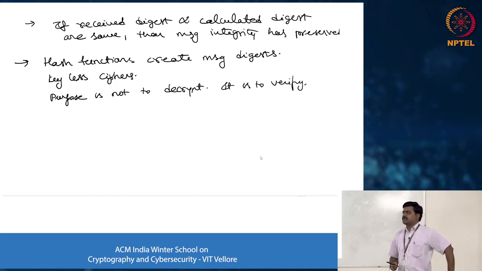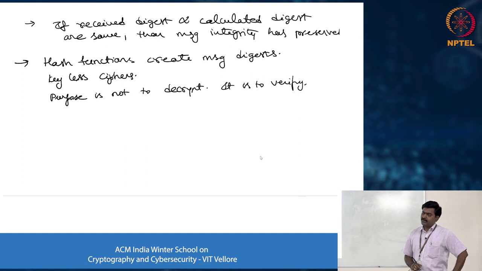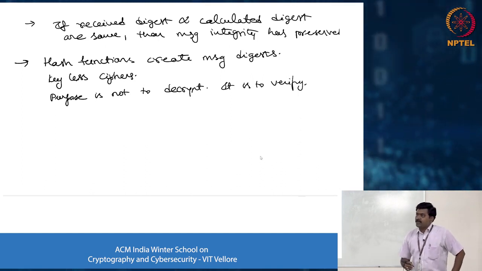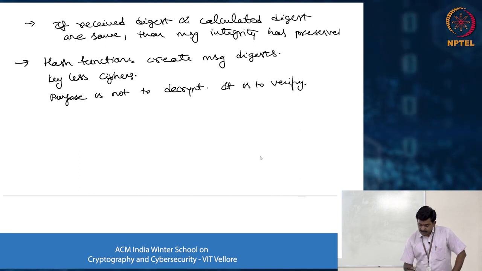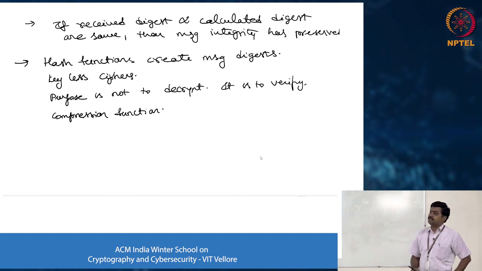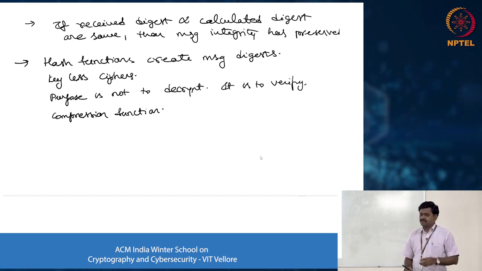Yesterday's session had a discussion about verification. So how do you verify? You need to have a digest. Now the point is, how do I do it? It is also called a compression function. Why? You are creating a digest of the original message.